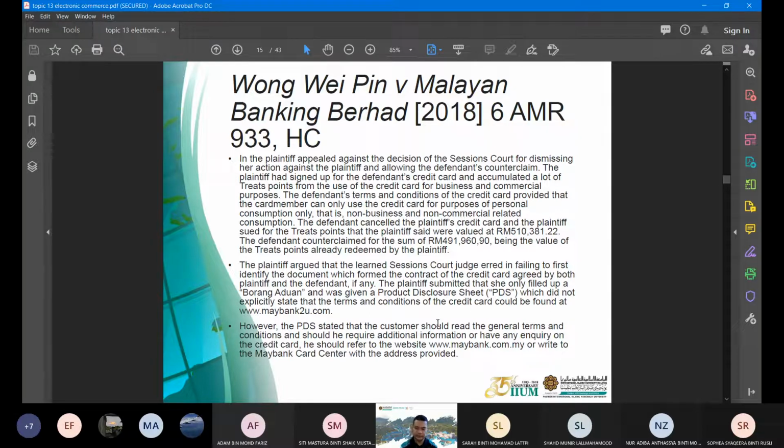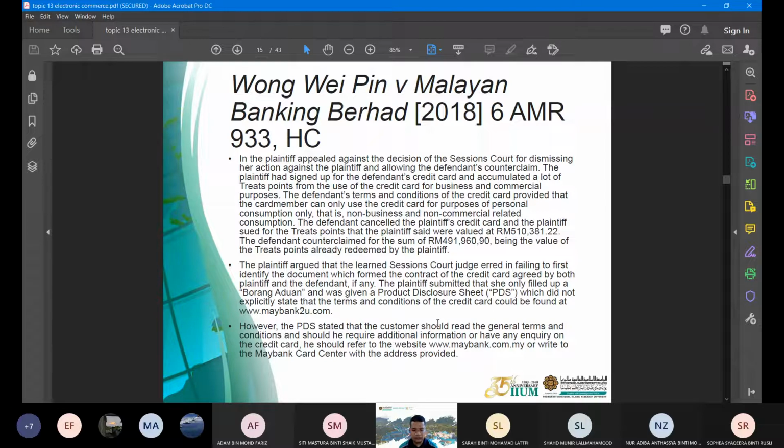The defendant got concerned about this amount, thinking this is not for personal use anymore, so there might be a breach of the credit card agreement. So the defendant cancelled the plaintiff's credit card, and the plaintiff then sued for the trip points valued at 500,000.